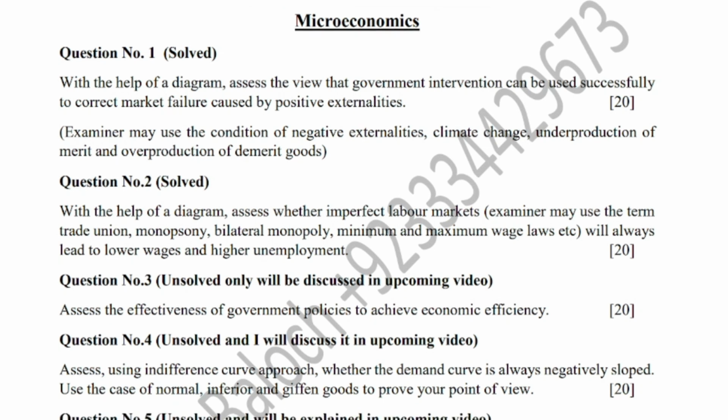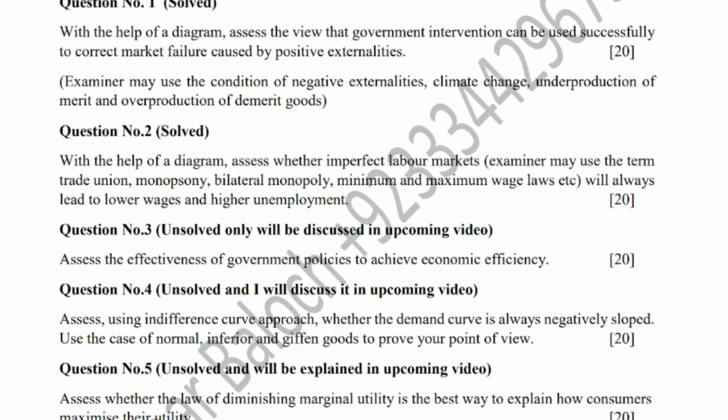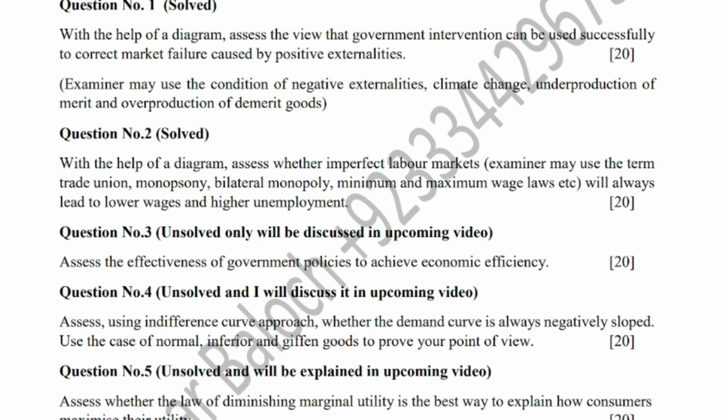So question number 2 has also been solved and I'll show you the answer. And again, this question is from labor market and the first question was from market failure. The second question is, with the help of a diagram assess whether imperfect labor market will always lead to a lower wage and higher unemployment, right?